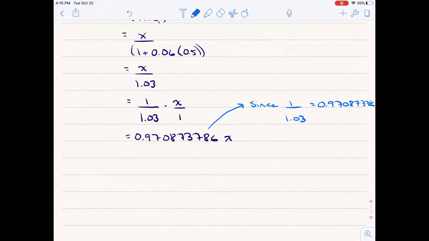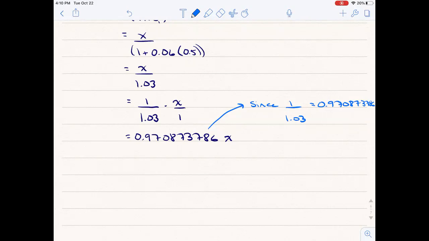You could also use the 1 over X button on your calculator if you're feeling crazy. If you've got 1.03 on your screen and then hit the 1 over X button, it should give you 0.970873786.